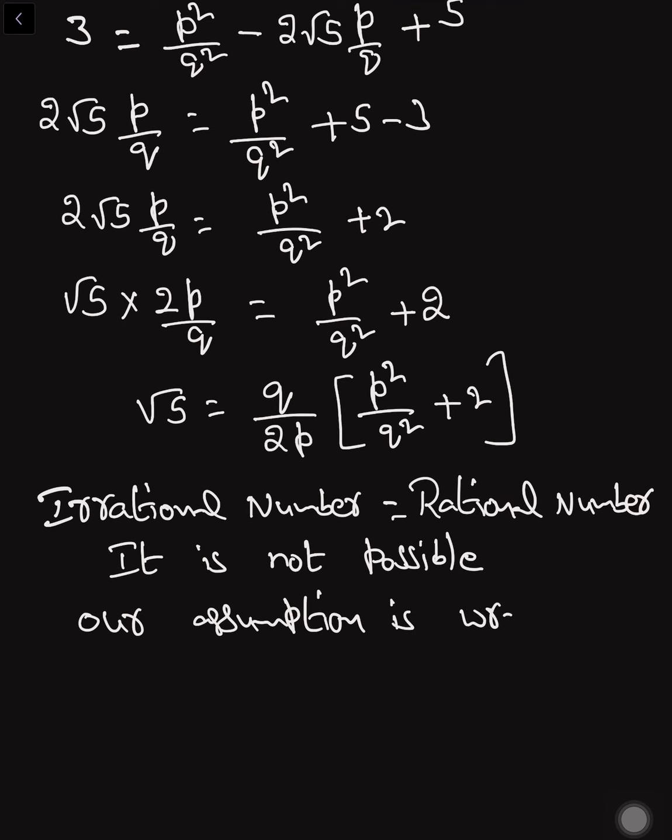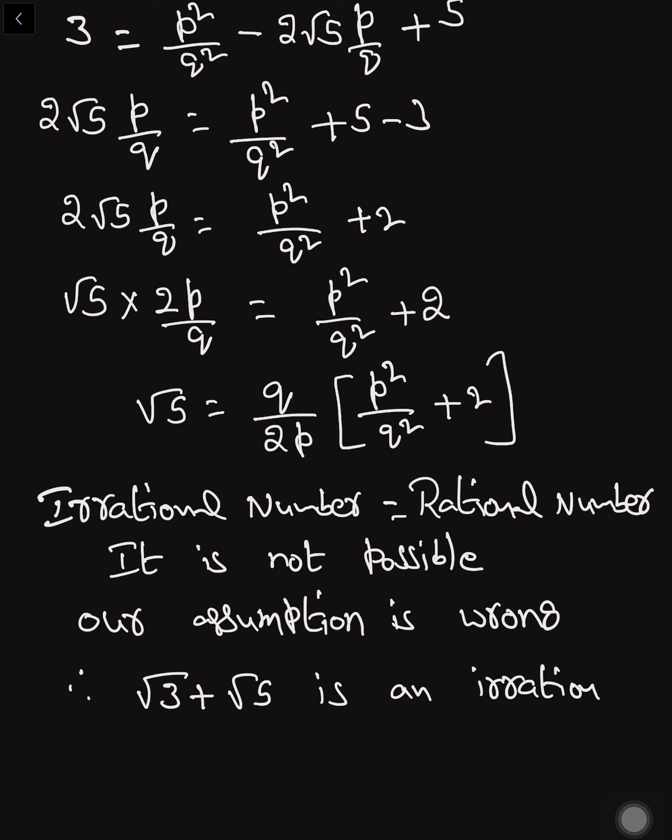Our assumption is wrong. Therefore, the given number root 3 plus root 5 is an irrational number.